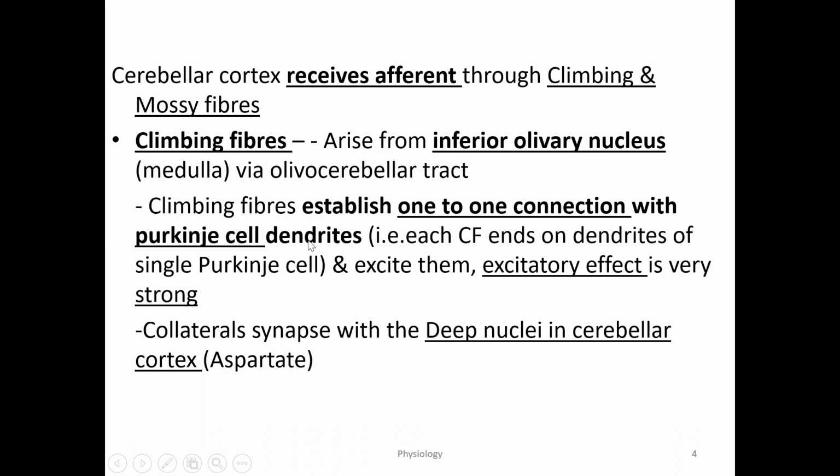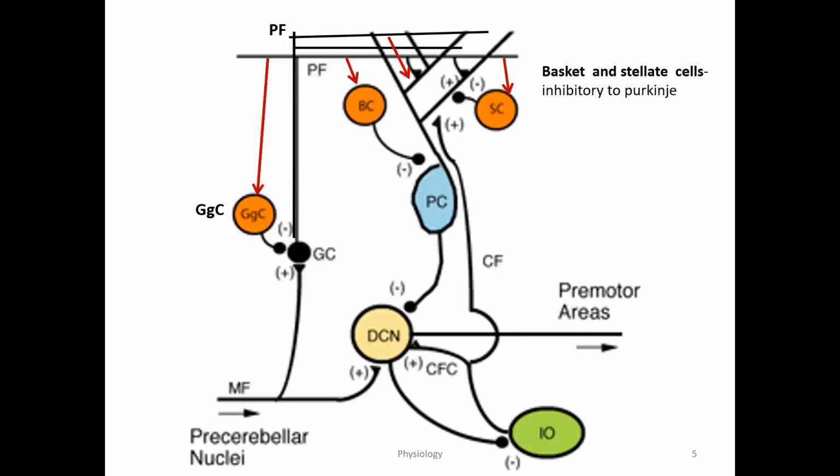Simultaneously, it sends one climbing fiber toward the Purkinje cell. The connection is very specific: one climbing fiber to one Purkinje cell, a one-to-one connection. That is why the excitatory effect is very strong on the Purkinje cell.